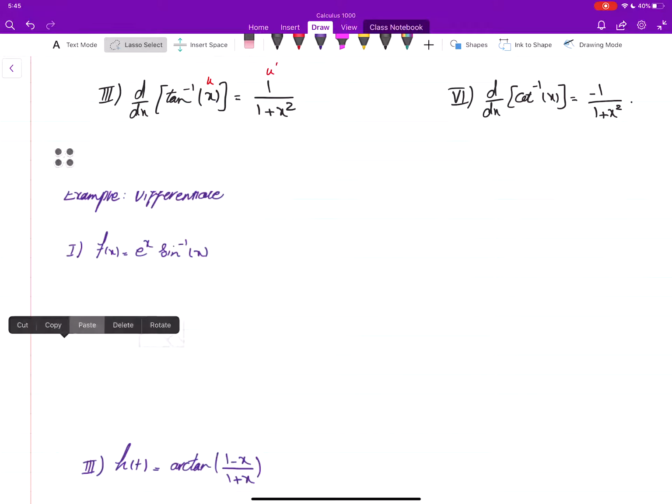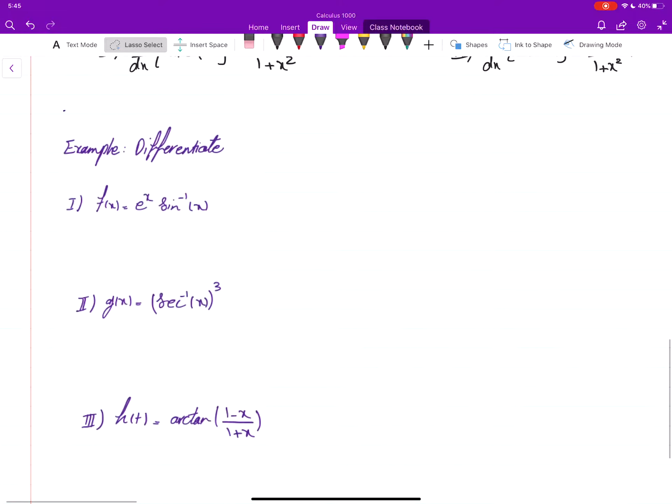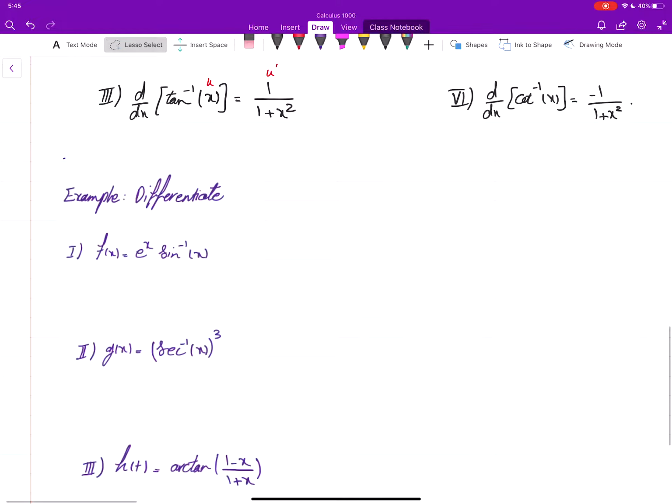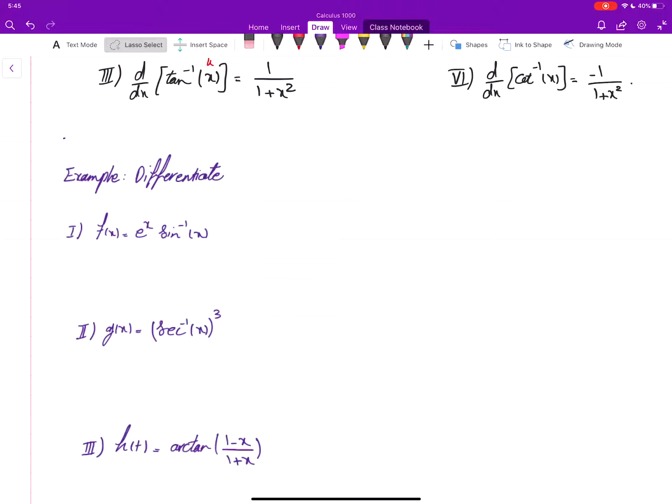Find the derivatives of these functions. Let's see. This first one, the derivative of f, is a product rule. Derivative of the first one times the second one, plus the first one itself times the derivative of the second one.